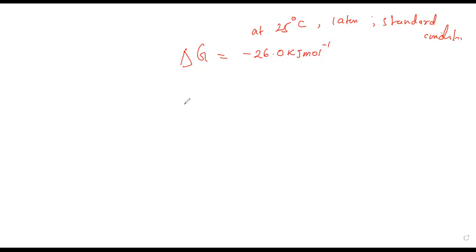You have to find the entropy change, delta S, of dissolution of MX in water at 25 degrees Celsius, using the enthalpy change calculated above. You have used the enthalpy change above, right? We found the enthalpy change in question number 3.